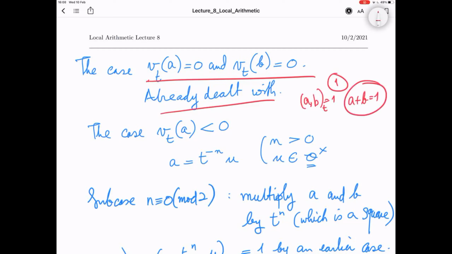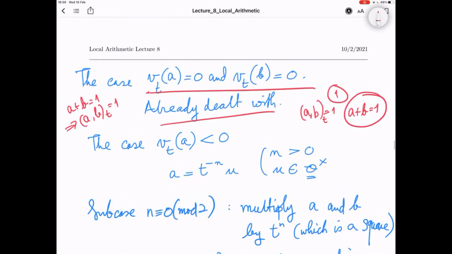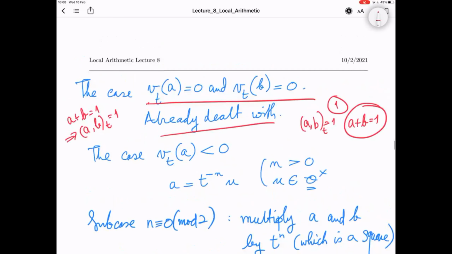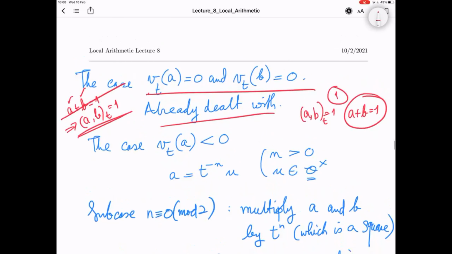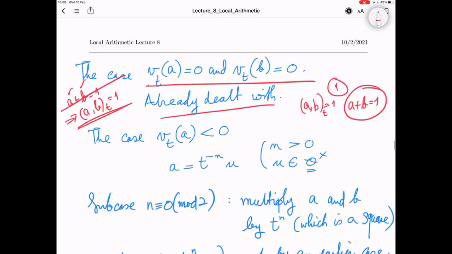What we are proving is that A plus B equals 1 implies that (A,B)_T is equal to 1. But if A and B are both units, I don't need this hypothesis. I still have this if they are both units, and P is different from 2 as here.